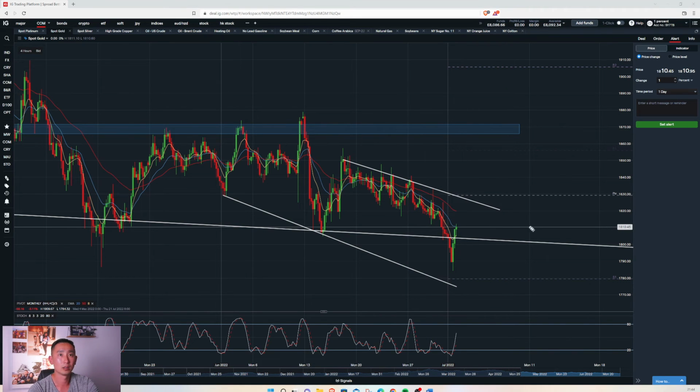Price needs to do this first, and around this area will be my first long. And then I see this break as well. So yeah, it's on my list to go long, but it needs to break 1830 first. Silver's a bit weaker, so I'm just going to use it as a reference.